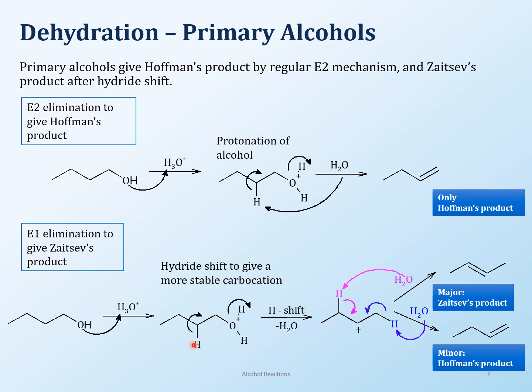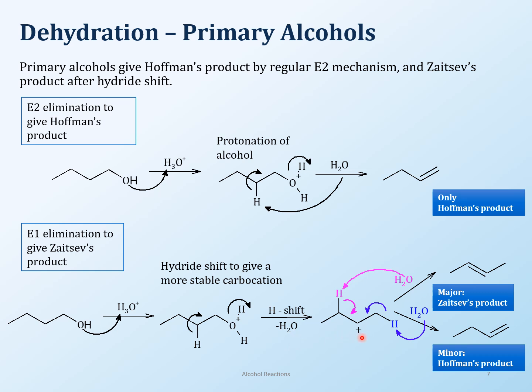At the same time, you get a hydride shift. That hydride shift happens automatically, and you generate a secondary carbocation, because a primary carbocation is not forming. So the hydride shift happens almost as the water is leaving.